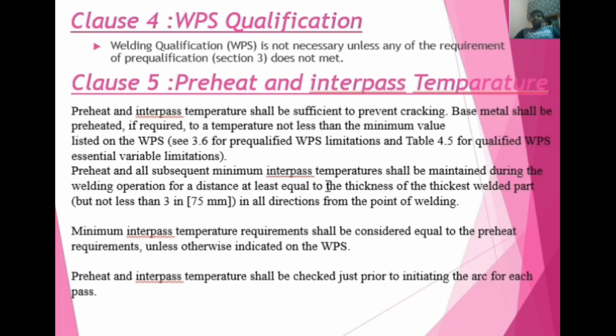Preheat and all subsequent minimum interpass temperatures shall be maintained during the welding operation for a distance at least equal to the thickness of the thickest welded part, or not less than 75 mm, in all directions from the joint. So if your weld joint base metal thickness is 25 mm, you have to preheat an equal area, meaning 25 mm from the joint, on the left side and the right side, in all directions. Then cracking will not happen.